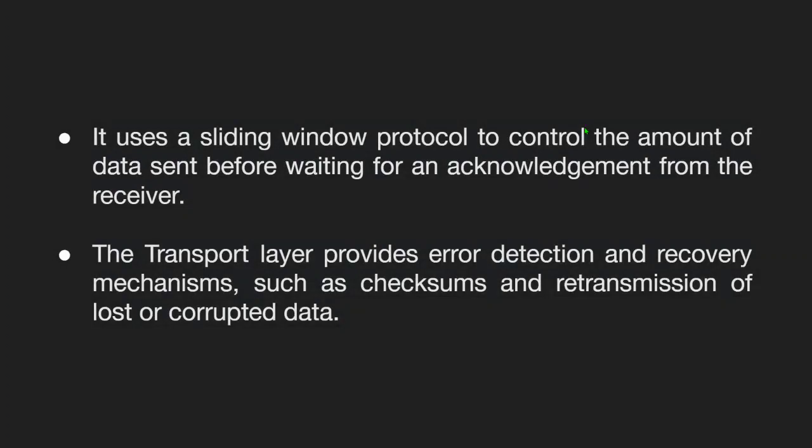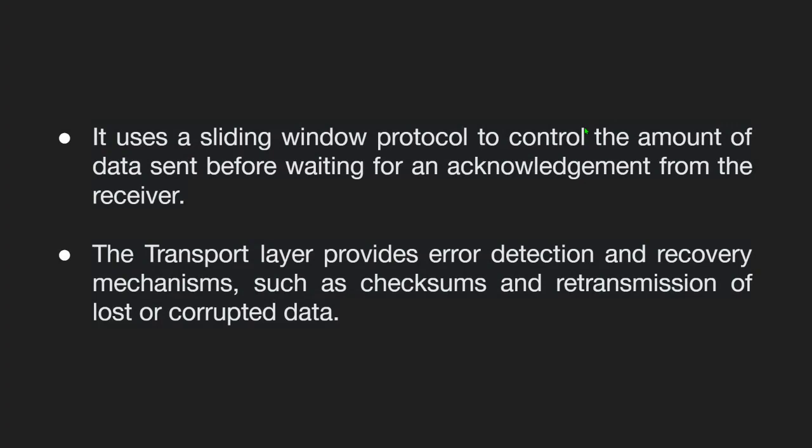It uses a sliding window protocol to control the amount of data that is sent before waiting for an acknowledgement from the receiver. This layer also provides error detection and recovery mechanisms such as checksums and retransmission of lost or corrupted data.